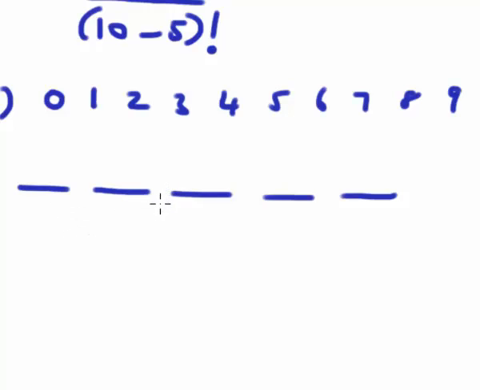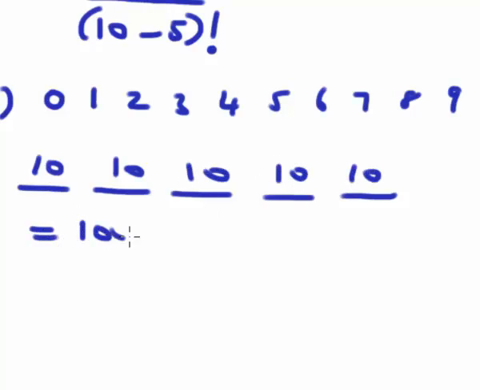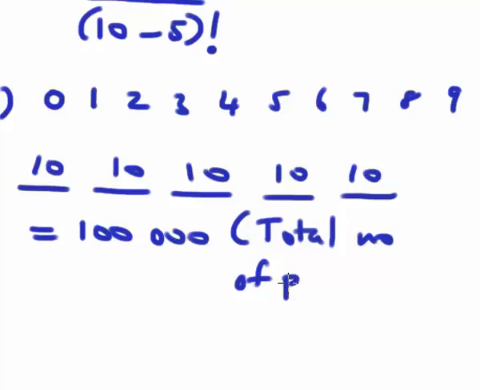And what we'd be very interested in is first the total number of codes. 10, 10, 10, 10, 10, which of course when we worked that out was 100,000. So that's the total possible number of PIN codes.